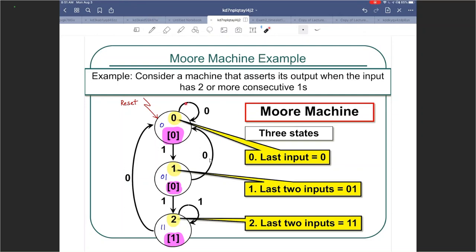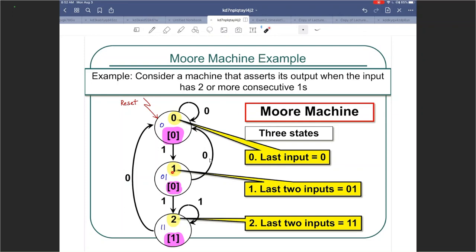So 2 arrows pointing out of each circle. 1 for 0, 1 for 1. The new input being 0 or 1. Now if you are here, state 1, which is got 0 1, the output is 0, but from here you might get a new 0 or you might get a new 1.